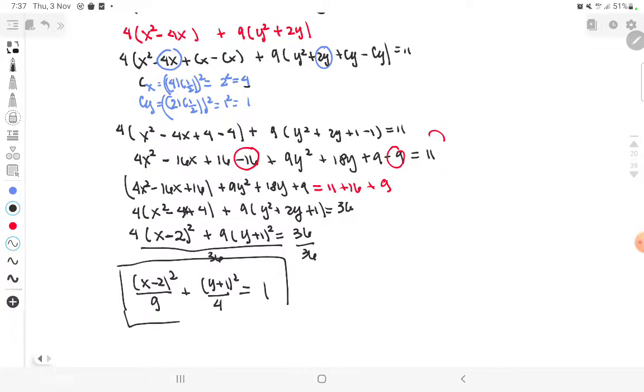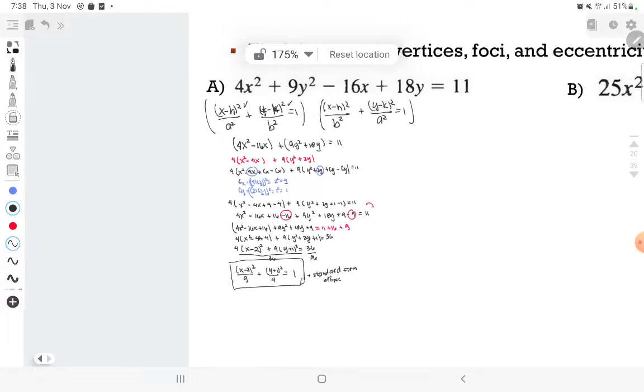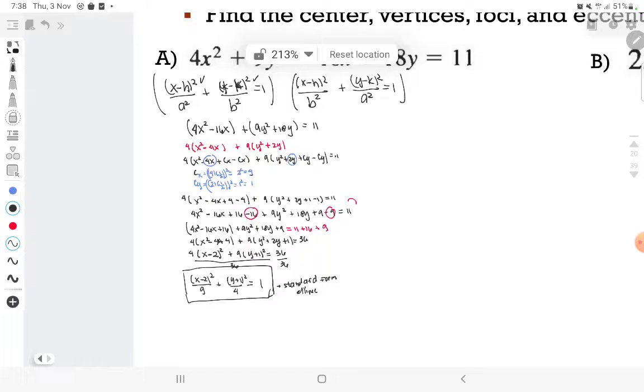This will be the standard form of our ellipse. Now, based on this, we can already find our h and k.